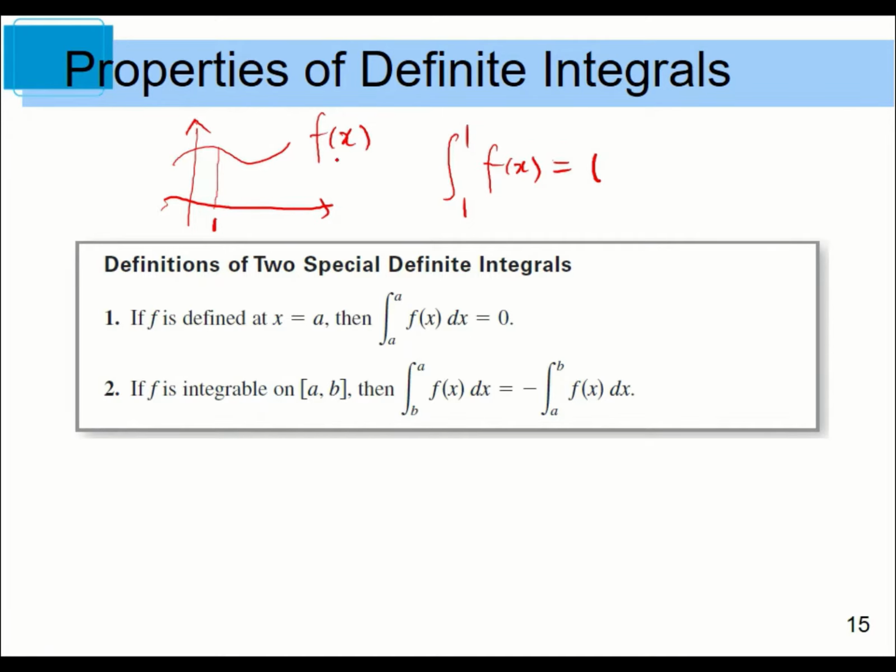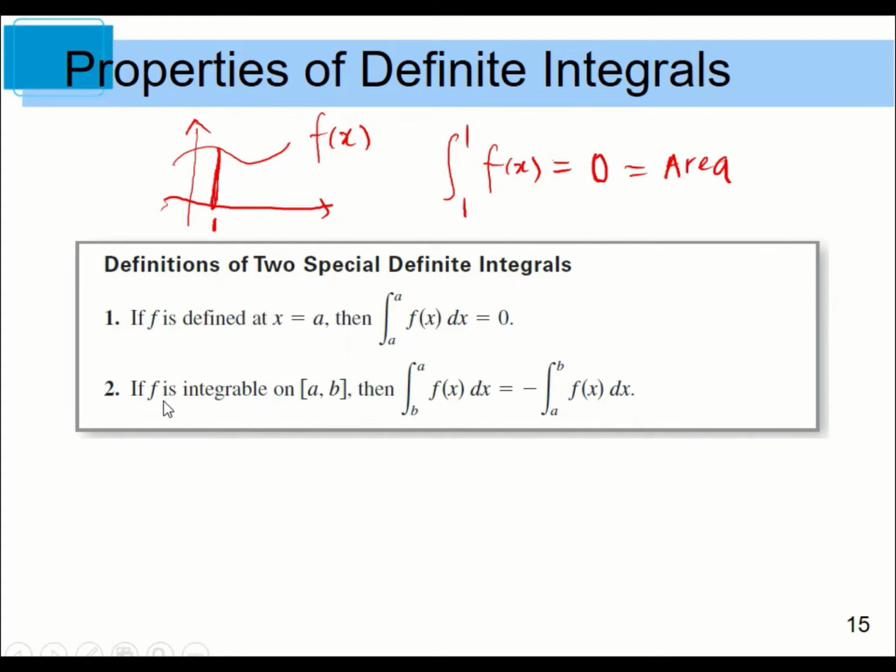If we integrate the function from 1 to 1, we are actually finding the area of a straight line. What is the area of a vertical line? The area of a vertical line is actually 0. So the area is 0 when we have a vertical line here, from 1 to 1.